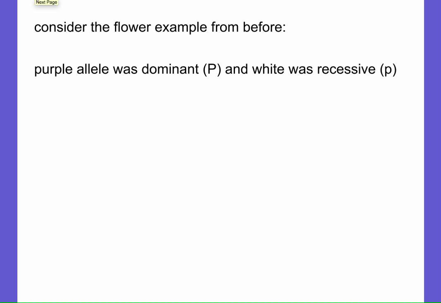Okay, so again, consider the flower example from before. Remember the purple allele was dominant, so that capital P, white was recessive, lowercase p. In that first generation, the parents were either purple or they were white, and they were purebred. So we knew that they were going to be homozygous. One group of flowers was always purple, the other was always white.